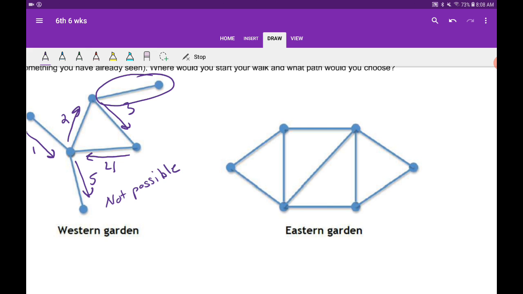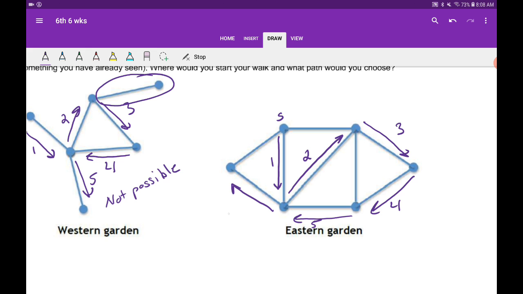What we can do is start here, and let's say we go down this way, call that path 1. We go up this diagonal, it's path 2, and then down this way, which would be our third path, and come around, path 4, around this way, path 5, up this way, path 6, and then path 7, and then path 8, and then we finished here.